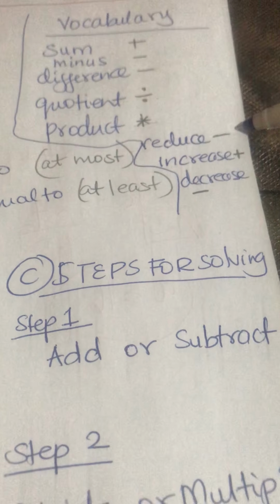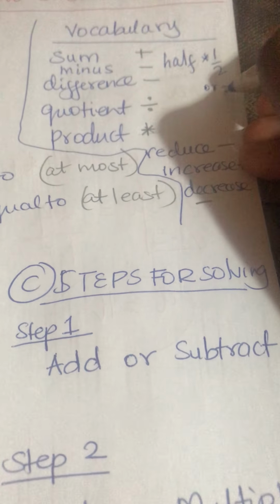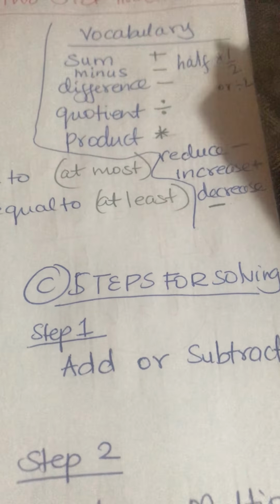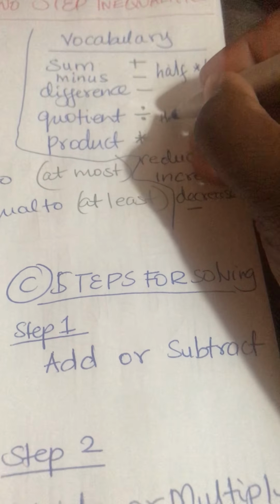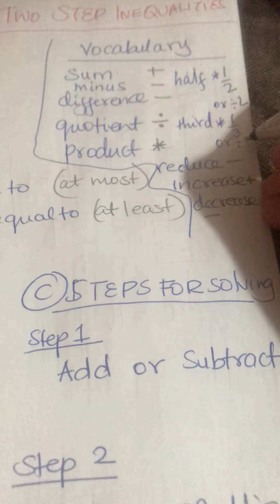When you see half, it means multiply by 1/2 or divide by 2. If you see third, it means multiply by 1/3 or divide by 3.